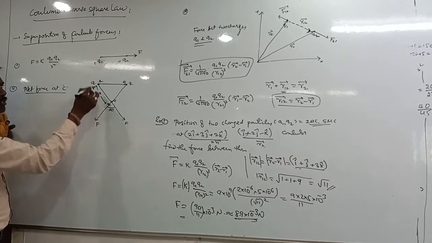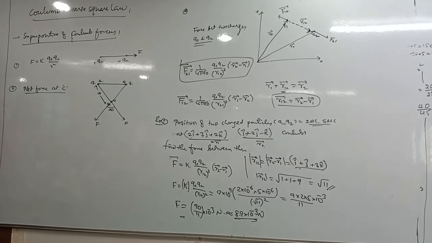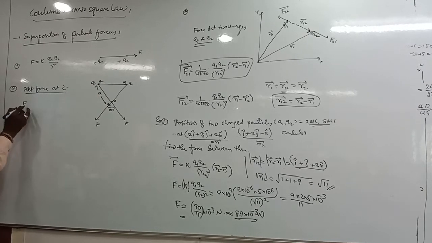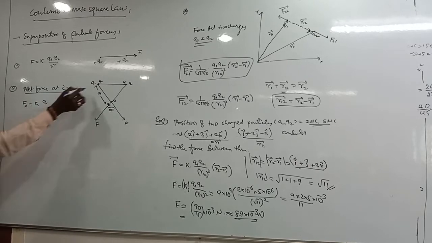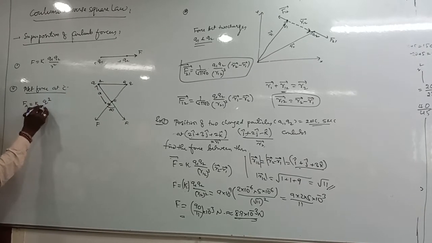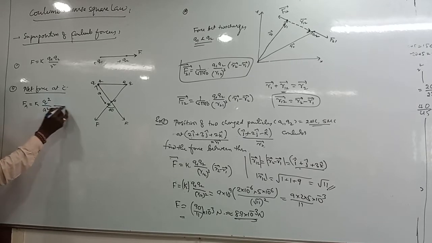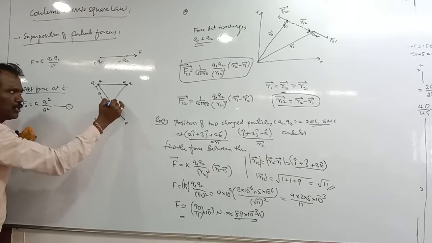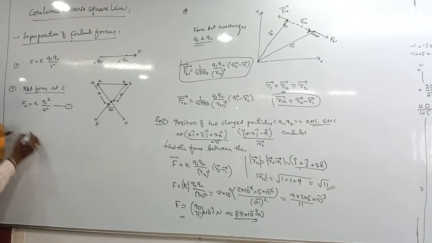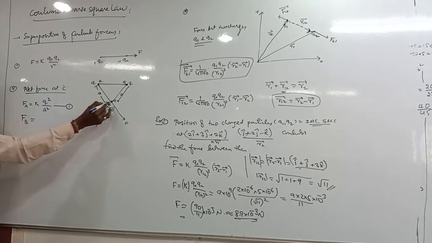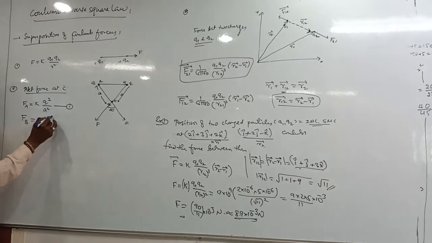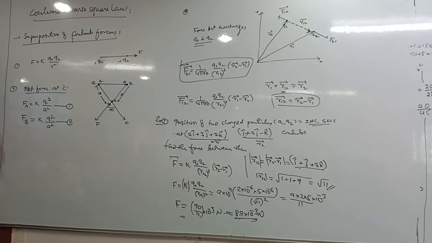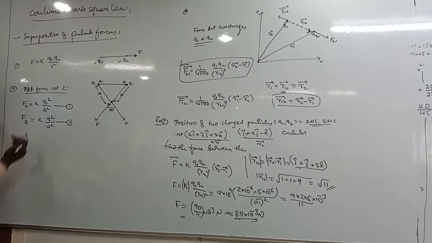The distance between the two charges is A. The force F1 due to A is FA, K into Q square by A square. Two charges, Q into Q, distance A. F due to B on C is K into Q square by A square, because of equal distance between the charges and equal charges, right?